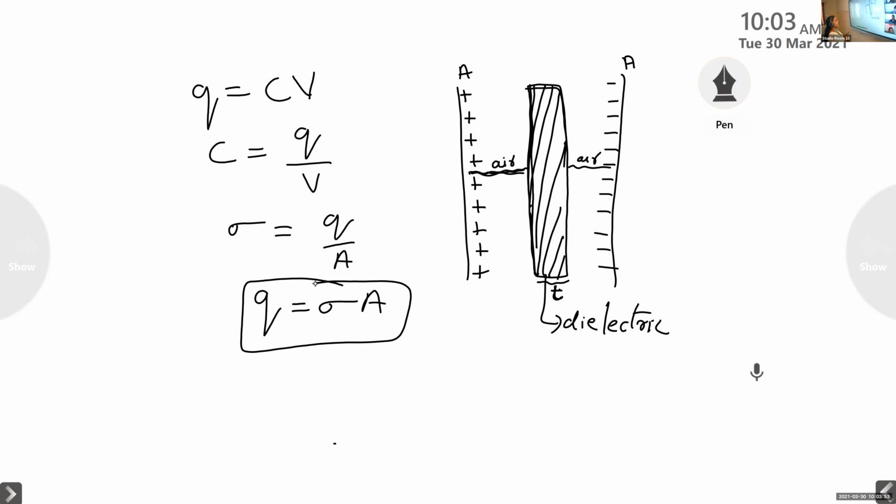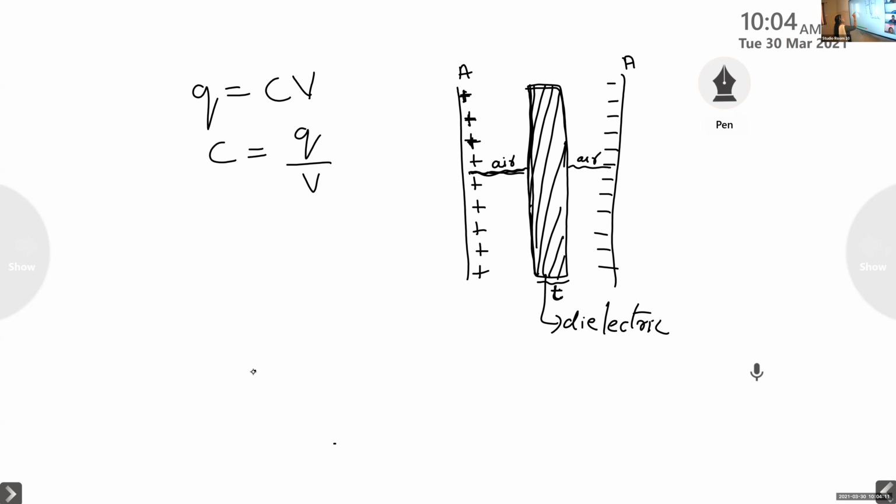And sigma is equal to Q by A, because the charges are distributed on the surface of the conductor, so Q is equal to sigma A. Now the equation for capacitance becomes C is equal to sigma A divided by V.